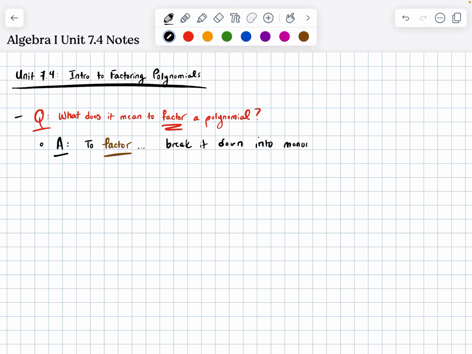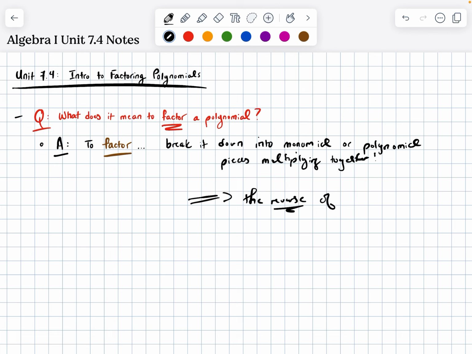I want to find the monomials and/or the polynomials that multiply together to get me back to the polynomial that I'm starting with, that would get me back to my simplest form. So really, what I'm trying to do is to reverse the process of simplifying that I've spent the past 3 classes learning how to do.